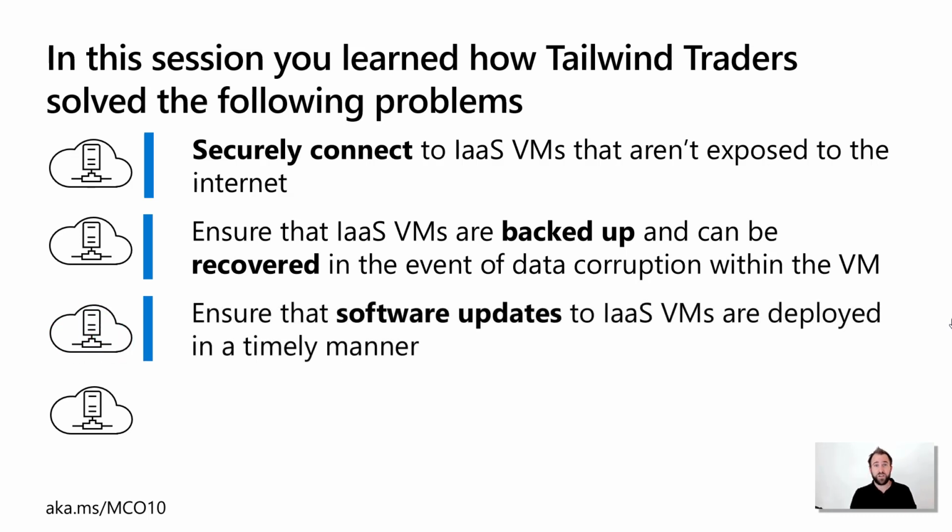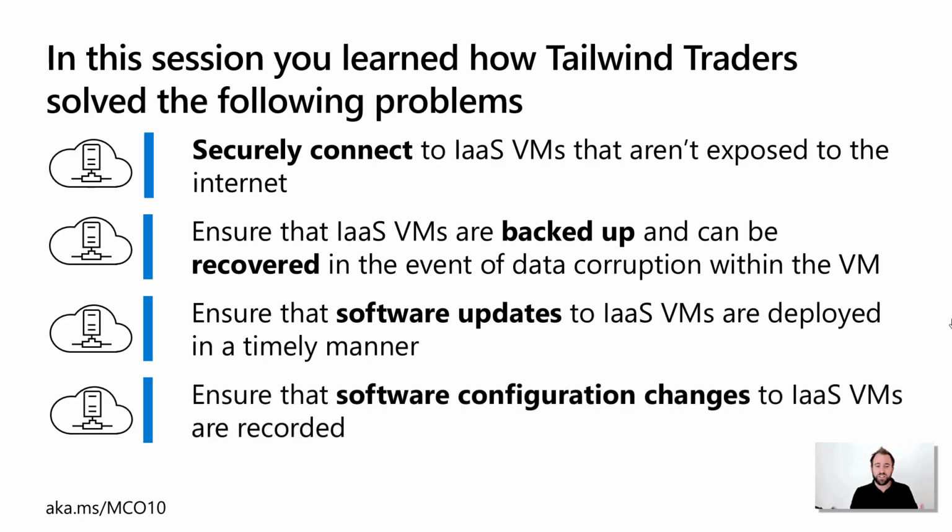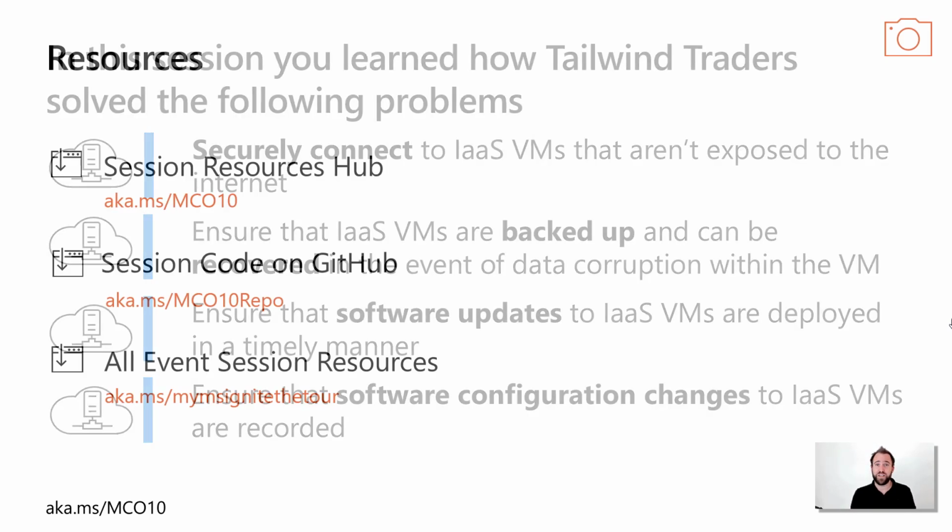You also learned how you can manage software updates across your virtual machines running in Azure. And then also how you can do software and configuration changes and track these directly within the Azure management tools. Again, a lot of these services also work in a hybrid environment. So these are not just limited to VMs running in Azure. You can also extend that to your servers running on-prem or other cloud providers as well.